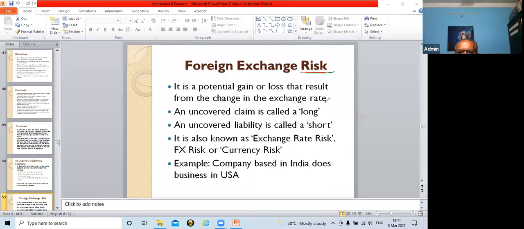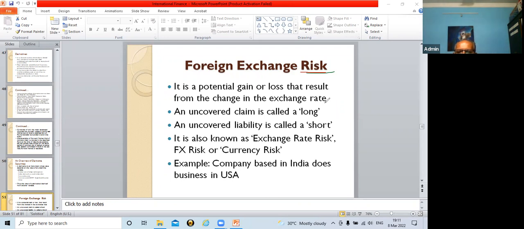Now let me give the example. Suppose we belong to India, and there is another party from the USA. Assume that between the USA person and us, there is an agreement that on 8th of March we need to pay $10 to the USA person.